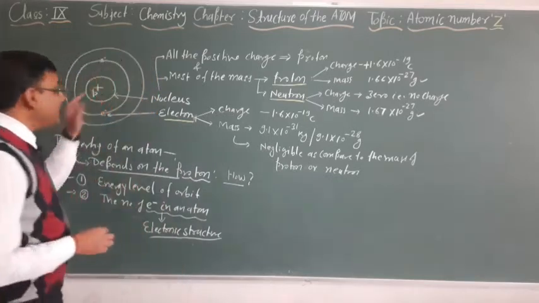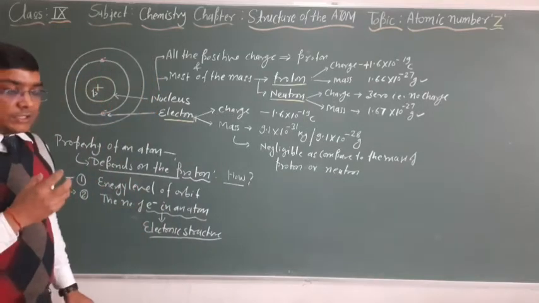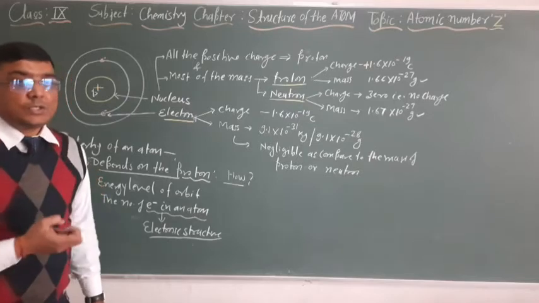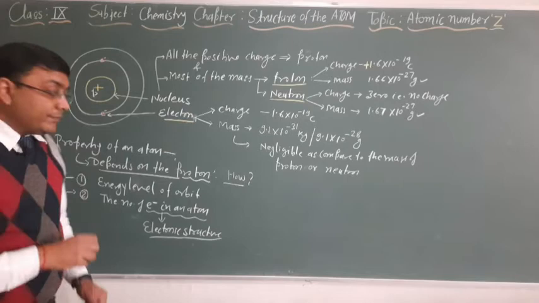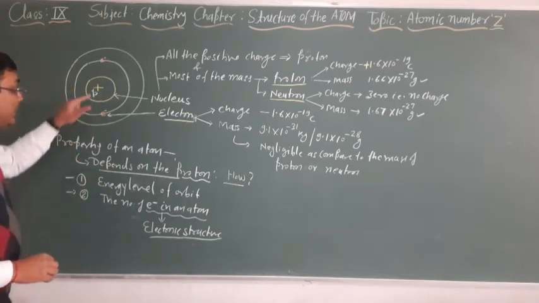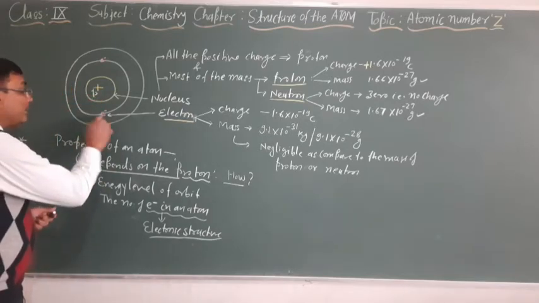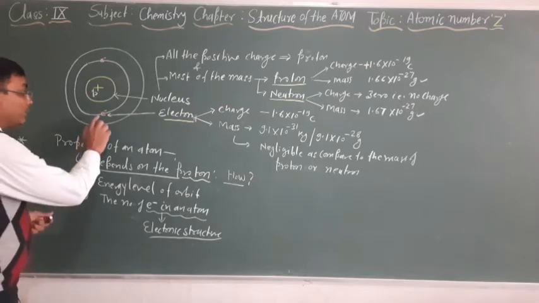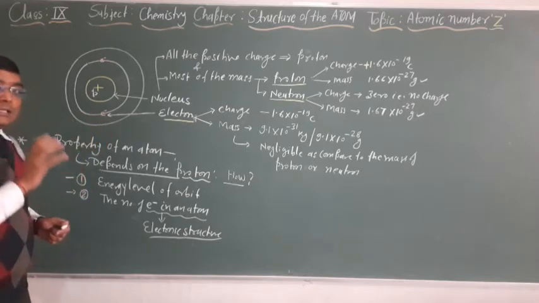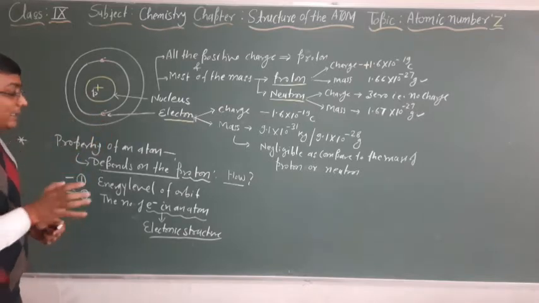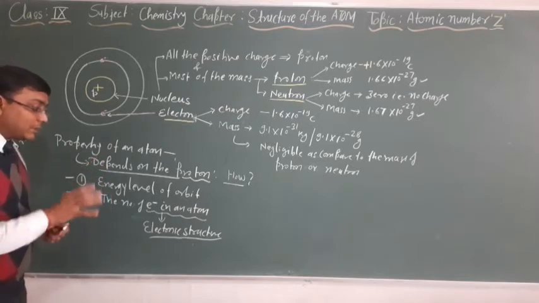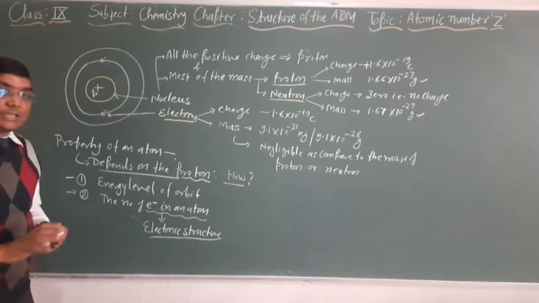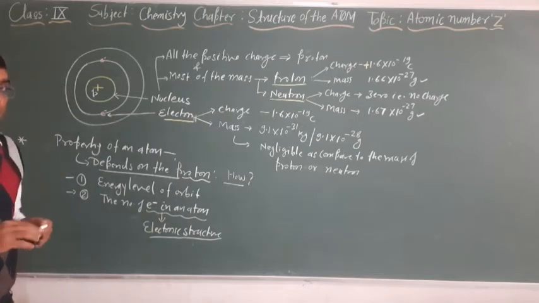Protons and neutrons both play an important role in deciding the physical properties, and protons decide how many electrons should be present in an energy level. That electronic structure is responsible for the chemical properties.